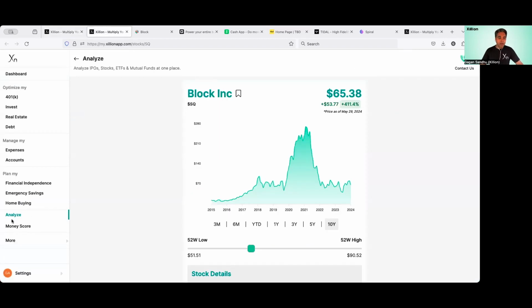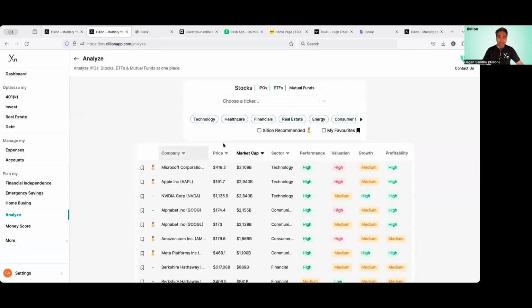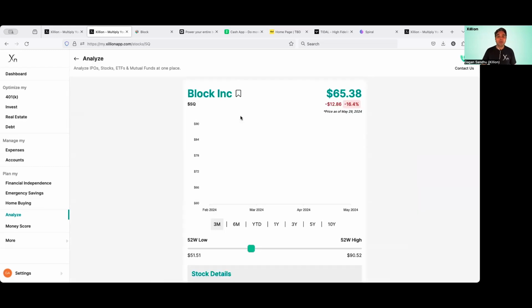Once you log in, go to this product, Analyze, and then search for the company that you're looking for. In this case, we are looking for Square or Block, as it's called, and the ticker symbol is SQ. So this is how you come here and search for it.